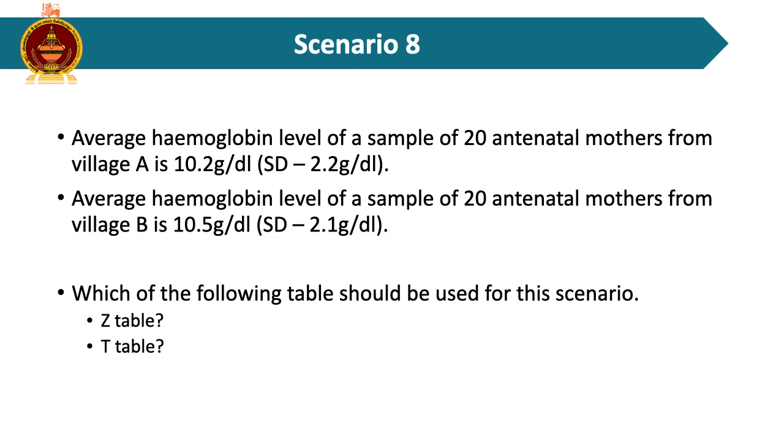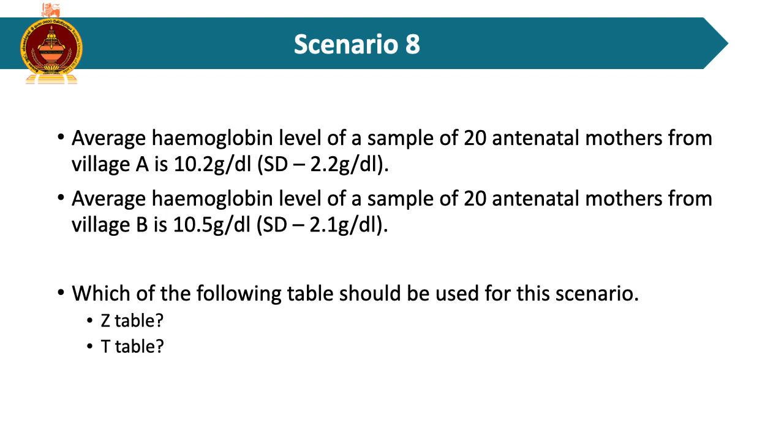Scenario 8. The average hemoglobin level of a sample of 20 antenatal mothers from village A is 10.2. Standard deviation is 2.2. The average hemoglobin level of a sample of 20 antenatal mothers from village B is 10.5. Standard deviation is 2.1.